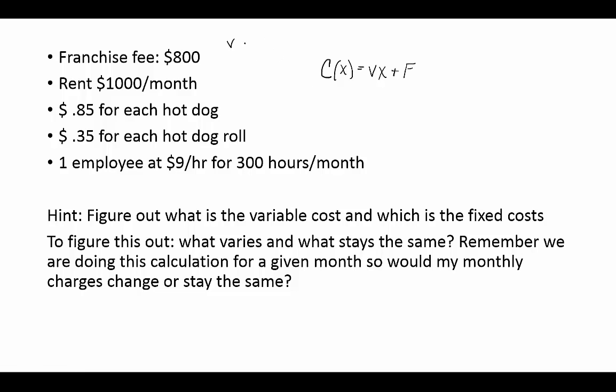So our little v equals our variable cost, and our big F equals our fixed cost. Okay, so remember to sort these out between fixed cost and variable cost.